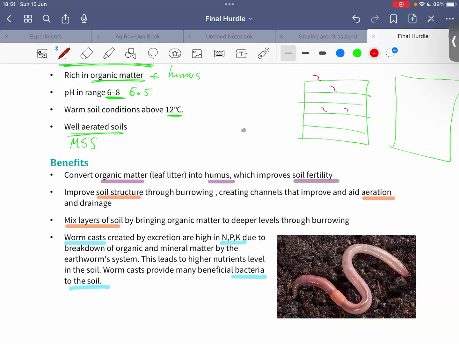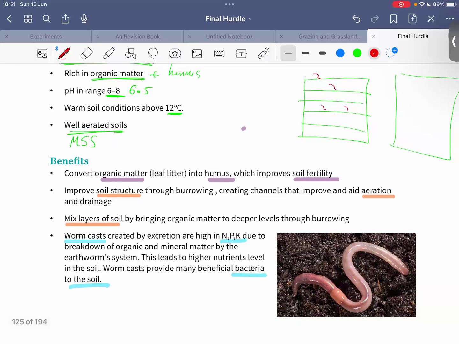The one that you put the earthworms into is going to go pure brown in color. It's going to be all mixed up together. The ones that don't have earthworms, naturally, are not going to mix. Sometimes you put leaves on top of the soil, and the earthworms are going to come up and bring the leaves down into the soil. That's another thing as well. But it is a popular question to come up. Absolutely lovely question. Improve the drainage, improve aeration, improve soil fertility, improve soil structure.